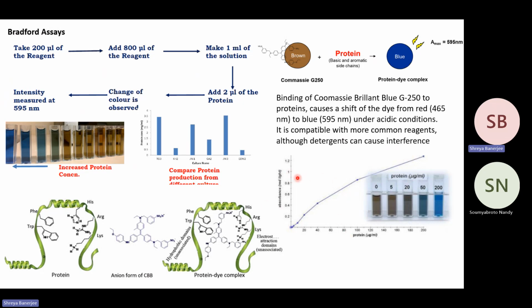Suppose we have an unknown solution and it is giving an absorbance of say 0.9. We can draw a line and drop it to the x-axis, and that will give an estimate of the concentration of the unknown sample. So the Bradford assay can be used for quantitative determination of protein concentrations.